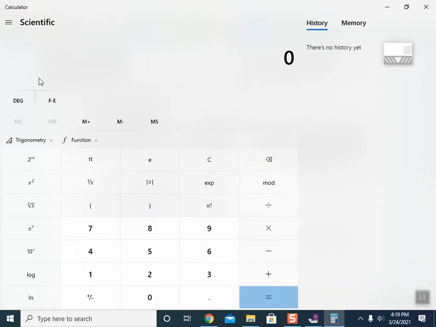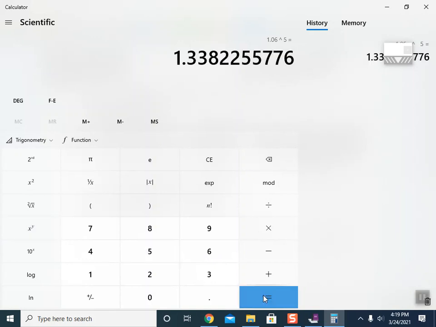So we can do our 1.06. Okay, and we are going to raise this to the 5th power. We're going to do that first. Okay, that equals 1.38338, whatever. Once I've done that, now I'm going to take this times 80,000.